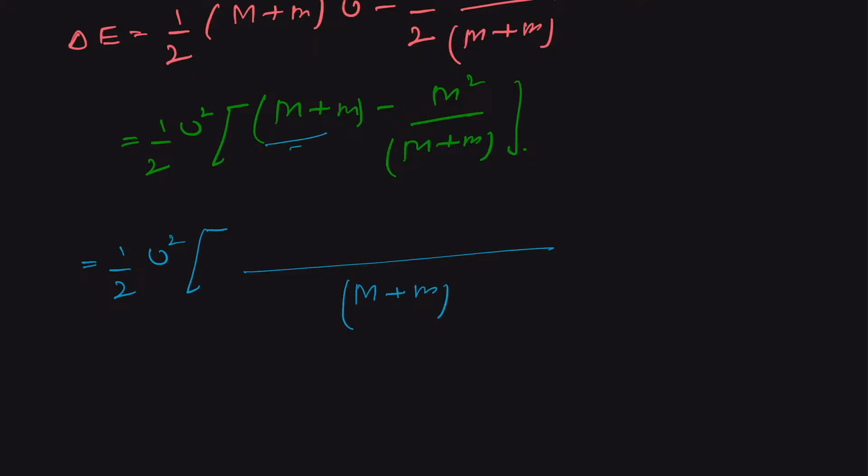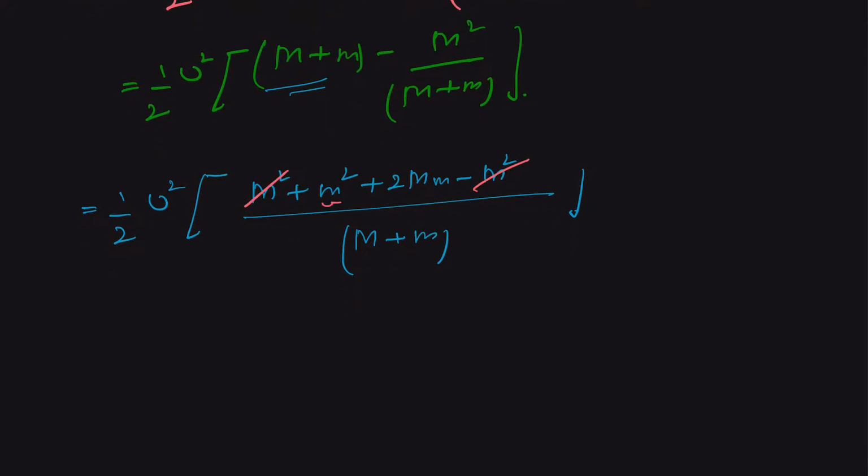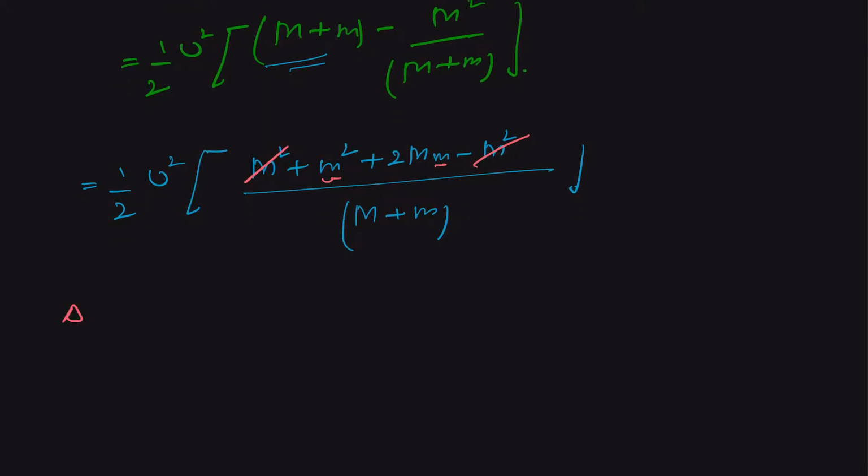So obviously here it will be m plus small m whole square, which we can open directly, so we can write this as m square plus small m square plus twice m small m minus m square, and this m square and m square cancel out, and we can take small m common from both, so we can write that our required energy that will be supplied is half small m v square times m plus twice small m over m plus small m.